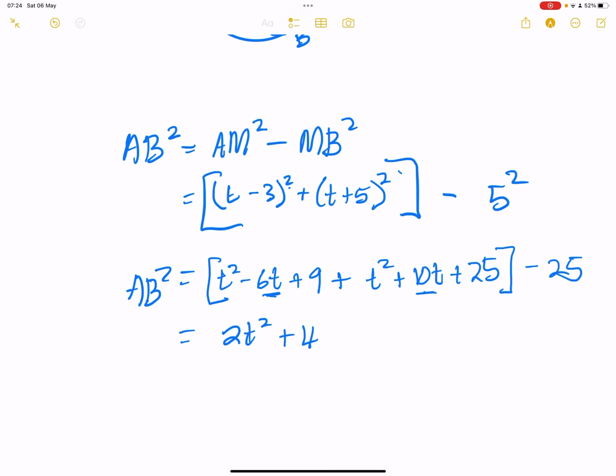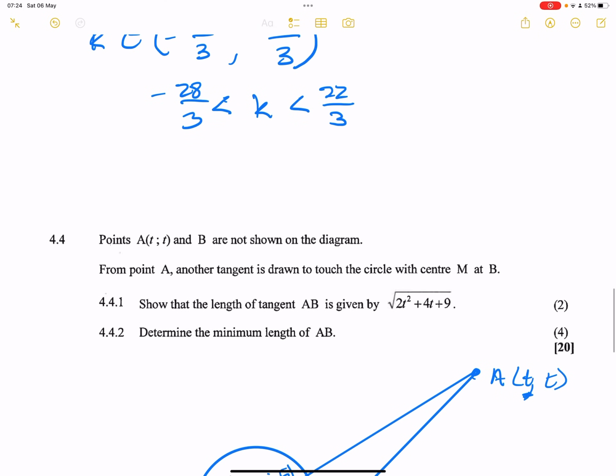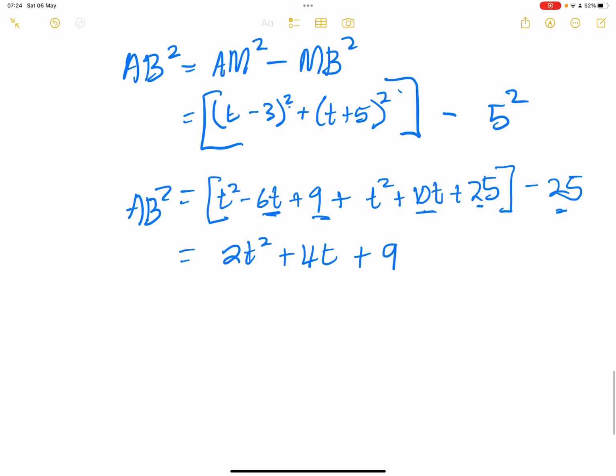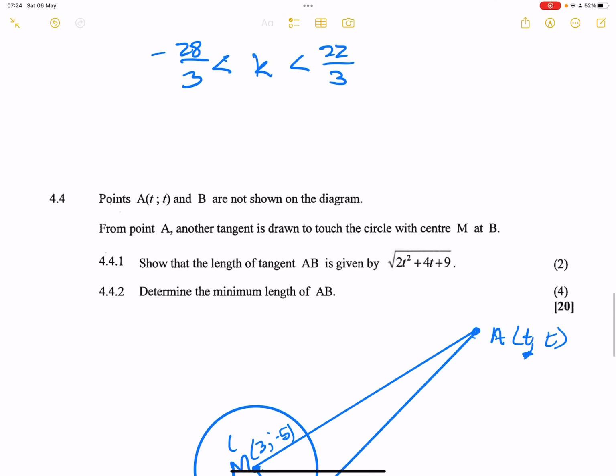Then 9 plus 25 gives us 34, but we've got a minus 25 there, so that gives us 9. So we have 2t squared plus 4t plus 9. Because we're looking for AB, we're going to put this under a square root. I hope that makes sense, ladies and gents.